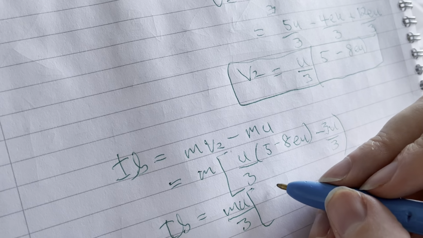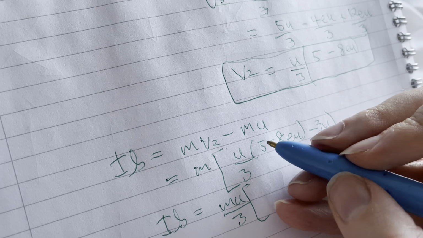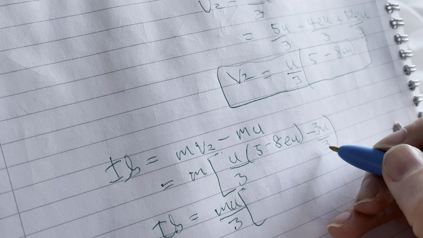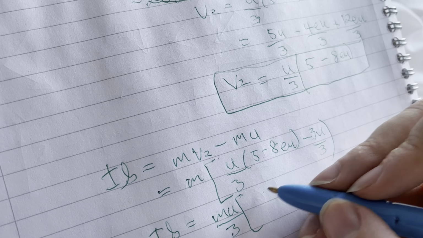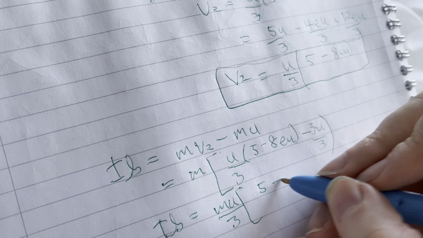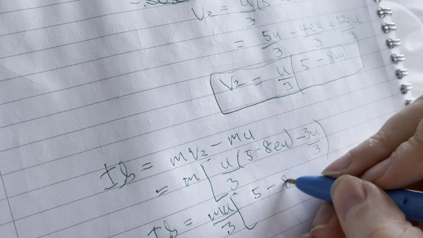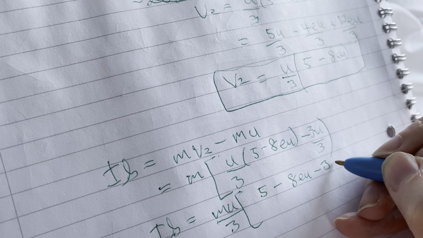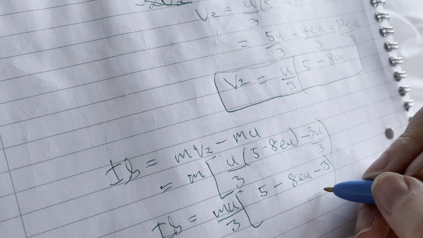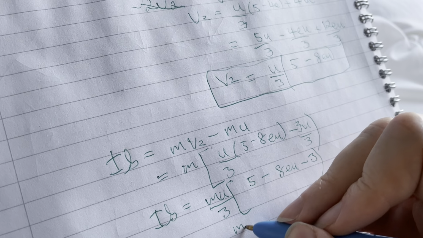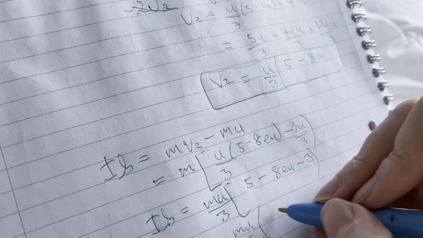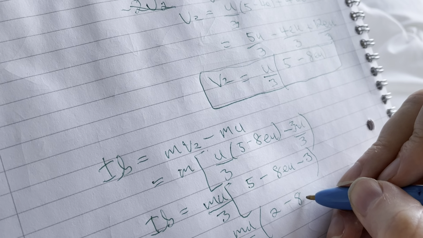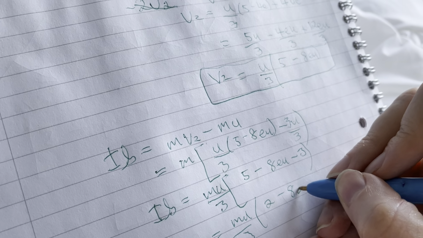Okay, so we're taking u over 3 out, and we get this one minus that one. So we get 5 plus 8e minus 3, so mu over 3 times (2 plus 8e).